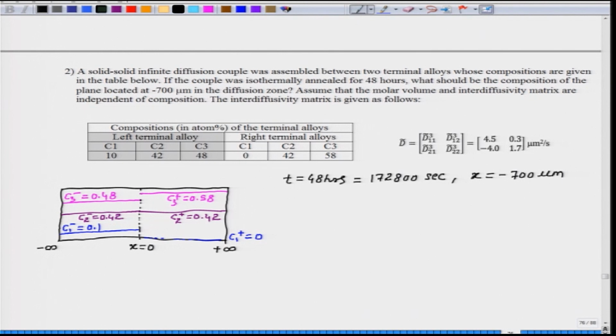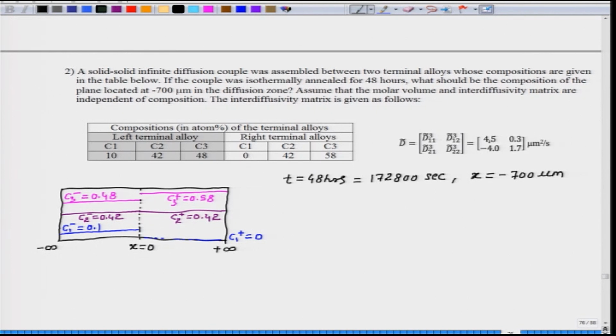Assume that the molar volume and interdiffusivity matrix are independent of composition, and the interdiffusivity matrix is given here. These are the ternary interdiffusion coefficients. So, we need 4 interdiffusion coefficients, since there are 2 independent components.